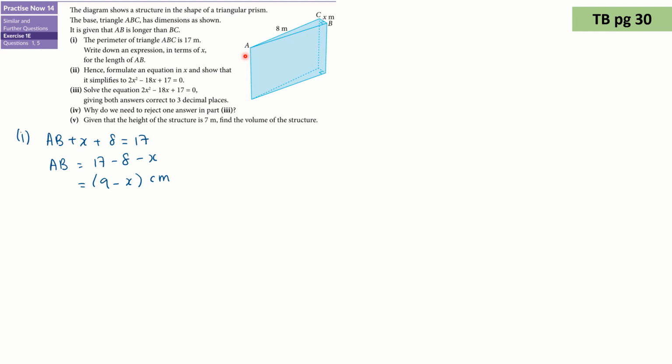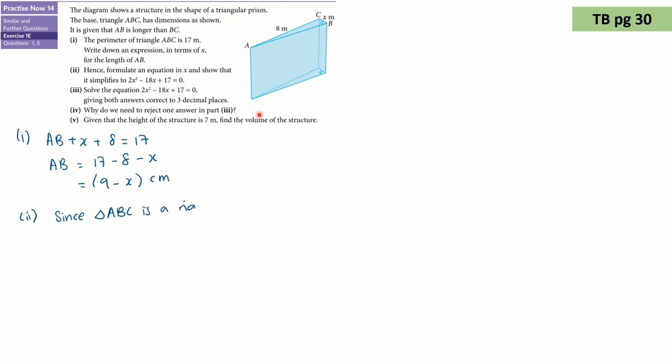I hope that you are thinking about Pythagoras' theorem. In a right-angled triangle, we can apply Pythagoras' theorem, and what it tells us is that in this particular case, AC square is equal to AB square plus BC square. So we can make use of that to help us formulate the equation that we need.